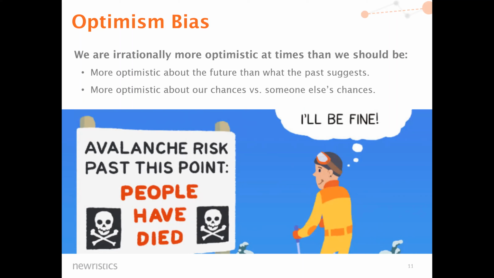But for whatever reasons, you are irrationally optimistic. There are multiple ways optimism bias manifests itself in our lives, and we're giving you ways to detect it. We all have it. I would be shocked if anybody in this class doesn't have optimism bias at all. They would be like a super rational automaton.